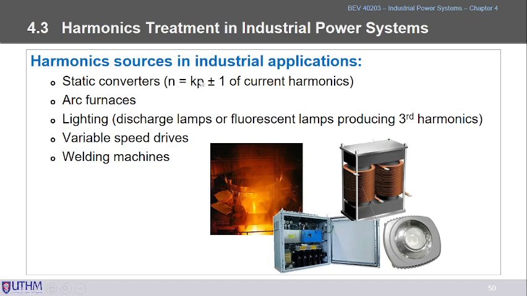K begins from 1. If K is equal to 1 multiplied by 6, that means 6 plus minus 1. So the harmonic content from the 6 pulse rectifier or inverter is the 5th, because it's minus 1: 6 minus 1 is 5, and the other one is 6 plus 1, which is 7.